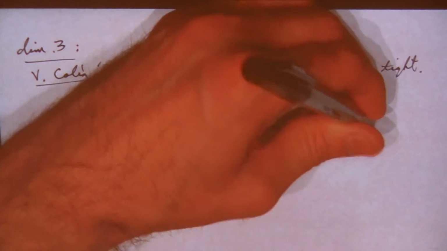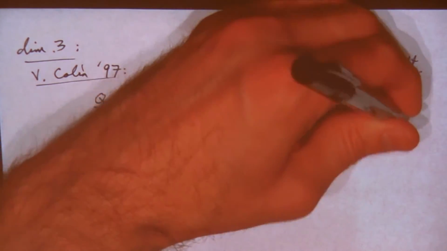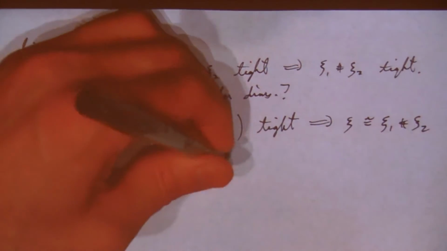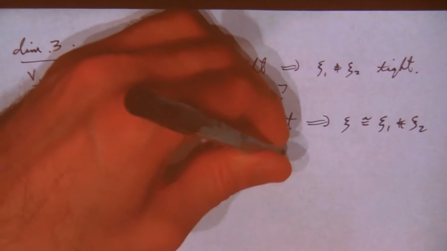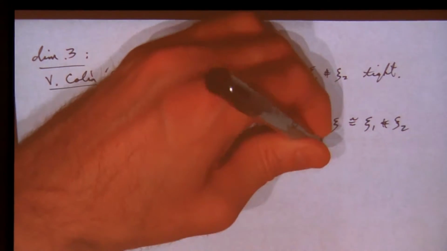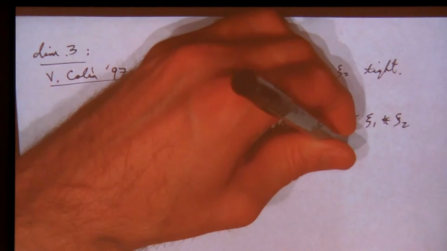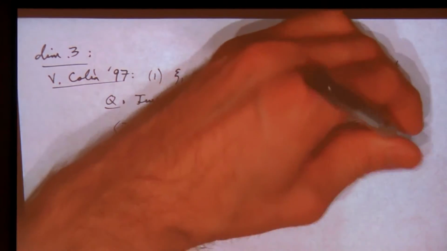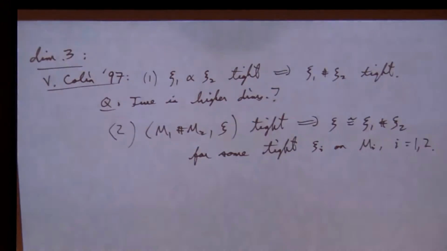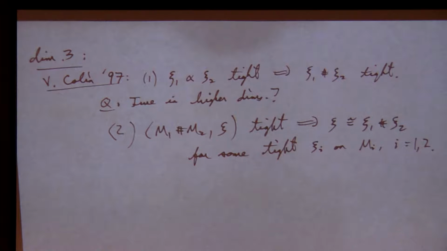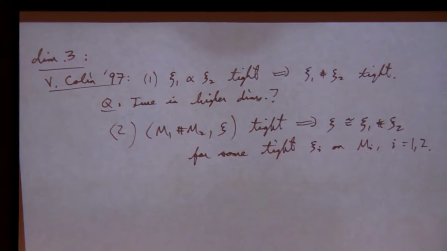So psi is isotopic to a connected sum of some psi1 and psi2 for some tight contact structures on those two summands. Okay? The fact that they're tight is obvious. If they were over-twisted, the connected sum would also have an over-twisted disk in it. So that part is not special. But the fact that you can decompose them is.